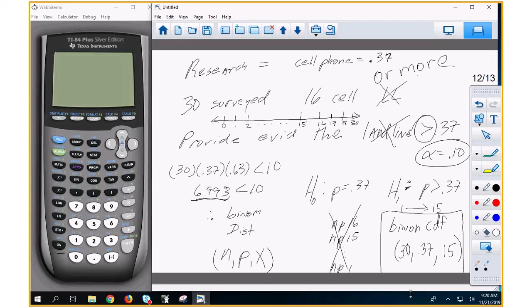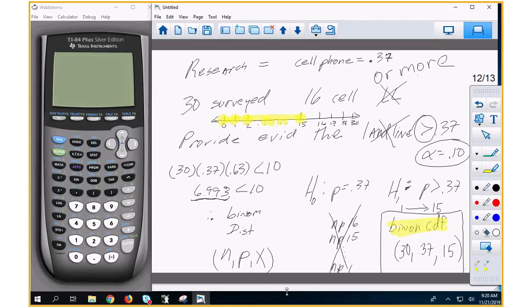Everybody with me? Okay. What are we finding right here? We're finding up to what? If we want 16 or more, actually you don't have 0.5 people, so it's really the dots.